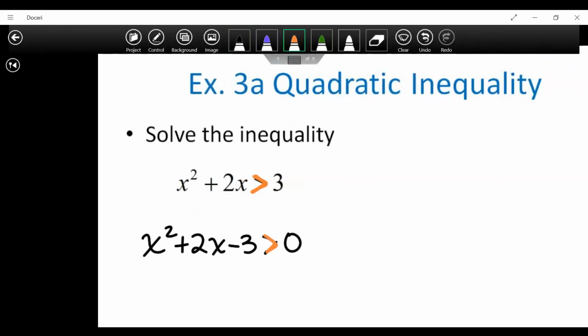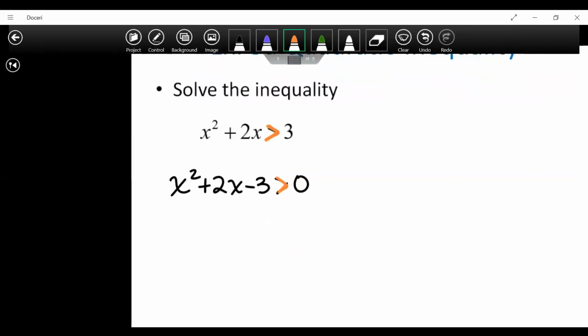And again, factor it. Can we factor it? What two numbers? +3 and -1. Okay, we have strictly greater than 0. We're good.